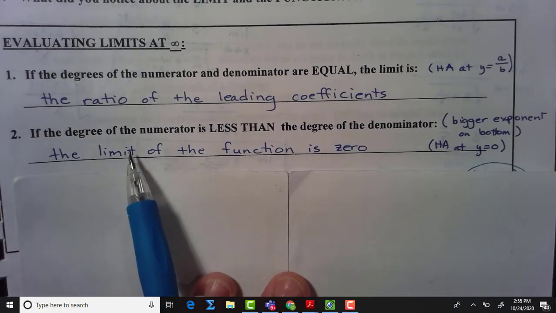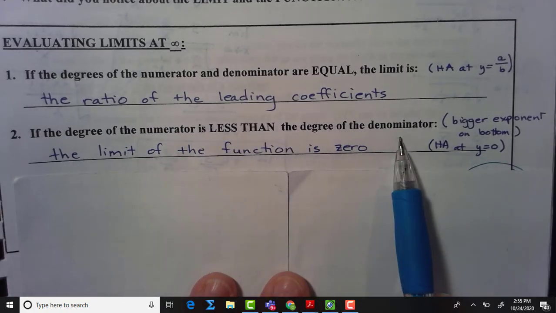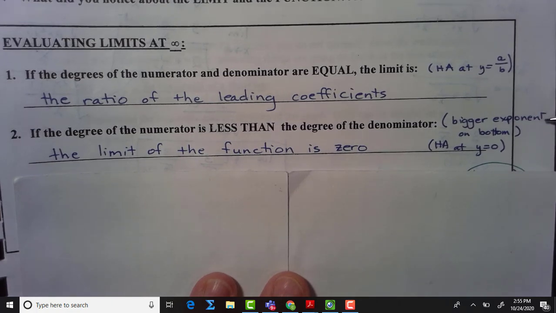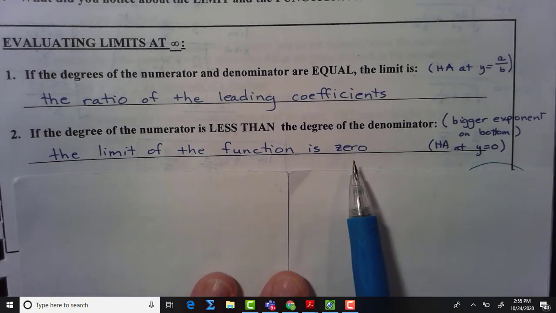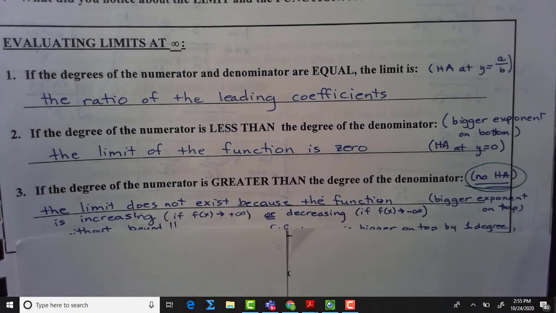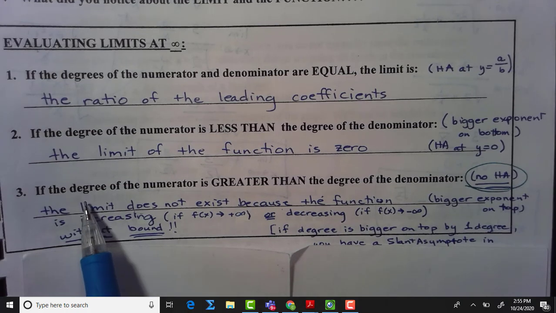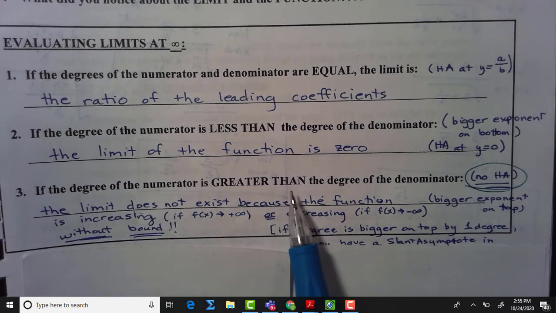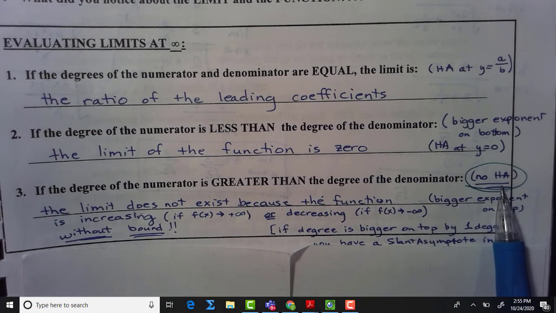If the degree of the numerator is less than the degree of the denominator, in other words, bigger exponent on the bottom, the limit of our function is 0. In other words, we have a horizontal asymptote where y is 0. What happens if the degree of the numerator is greater than the degree of the denominator? Well, we do not have a horizontal asymptote.